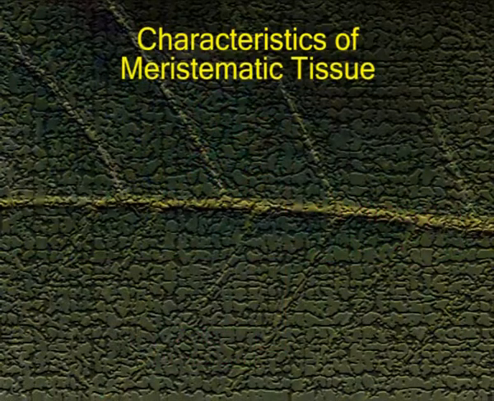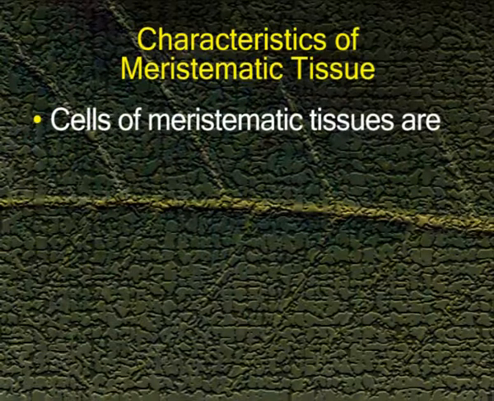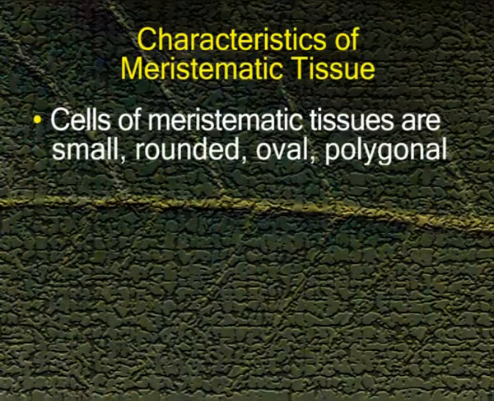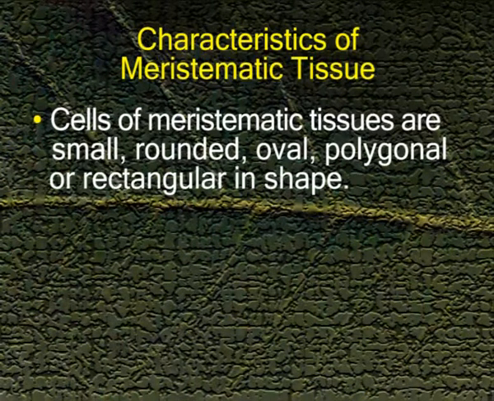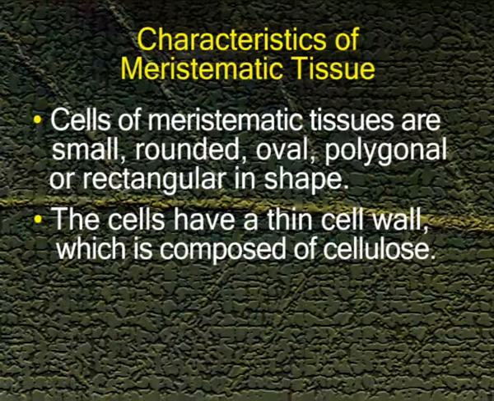Characteristics of typical meristematic tissues can be summarized as: cells of meristematic tissues are small, rounded, oval, polygonal, or rectangular in shape. The cells have a thin cell wall which is composed of cellulose.